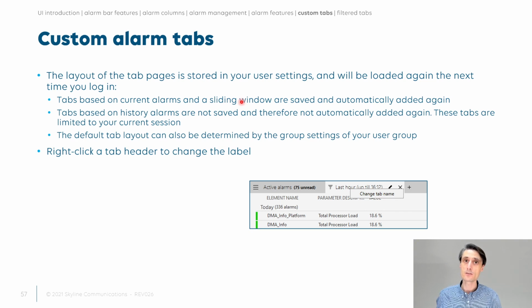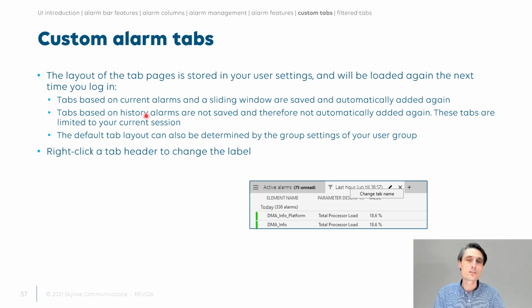Those are remembered in your user settings, again with the correct order and names that you defined. And the tab pages that are based on history alarms, like last hour, where I fetch until a certain time, don't move along with me in time, no sliding options there. A specific history consulting of alarms is never remembered in your user settings.